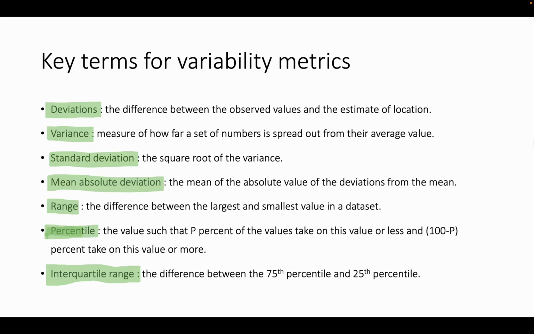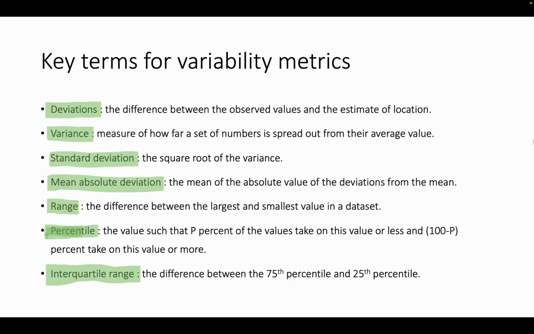Okay, so now let us look at some of the key terms for variability. At first we have deviation. Deviation is the difference between the observed value and the estimate of location, right? So for example, if you have some observation and how far it is from the mean, that would be deviation. Next we have variance.